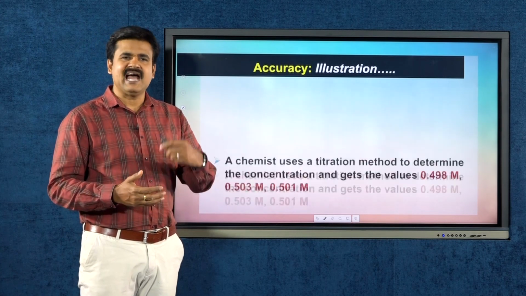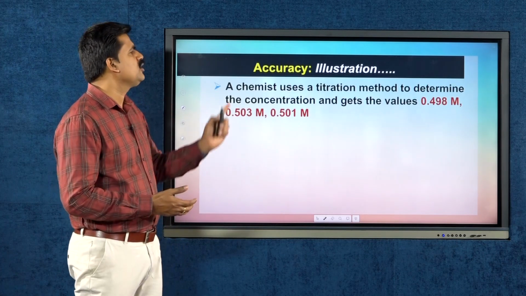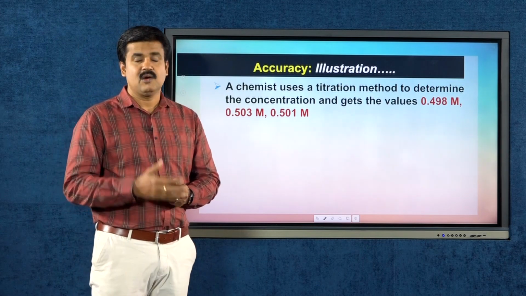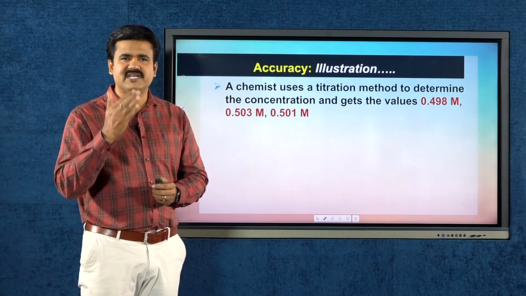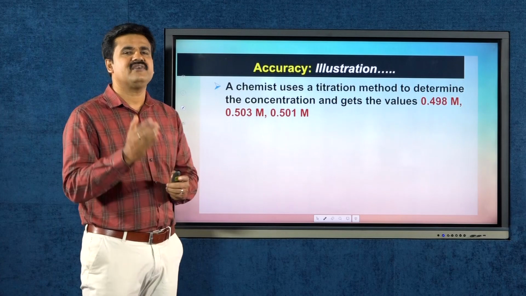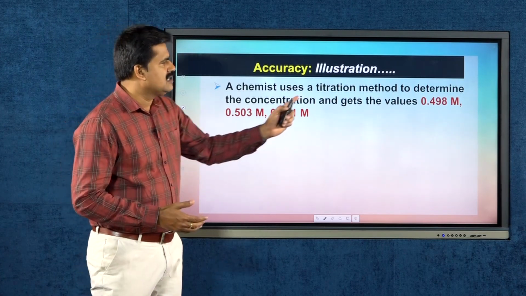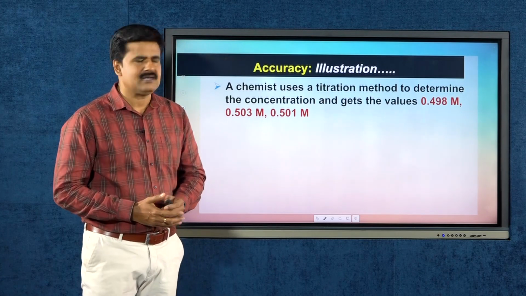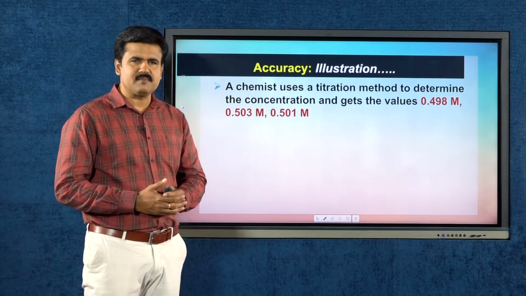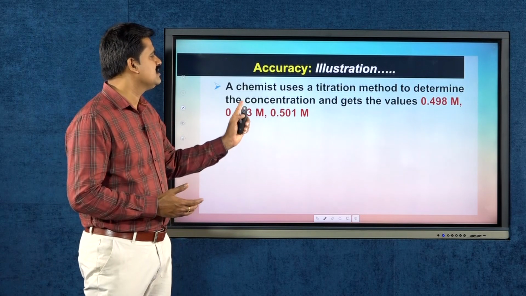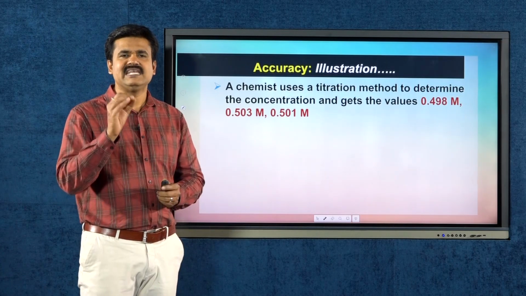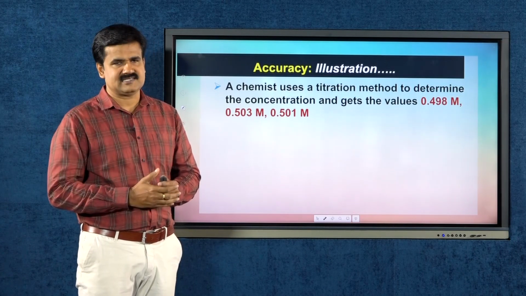Now, an analyst, a chemist, uses volumetric analysis or a titration method to determine the concentration of the NaOH solution. And he got the values 0.498 molar, 0.503 molar and finally 0.501 molar in 3 repeated measurements.